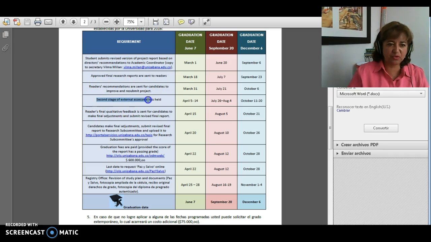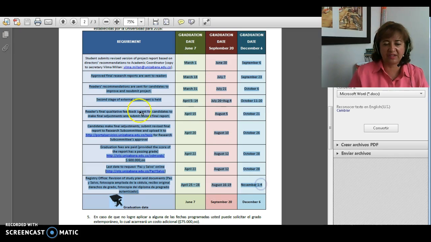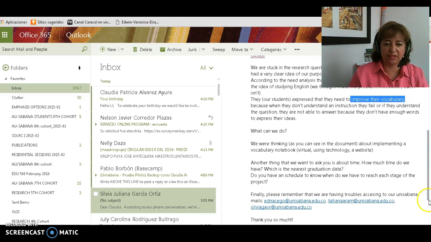You will have time to improve it. You do the final adjustments to upload it in the system, and the payments and those things come. So if you want to graduate by June the 7th, September the 20th, or December the 3rd, these will be the dates that we will have to comply with whatever we have there.